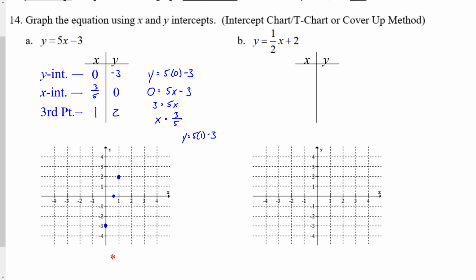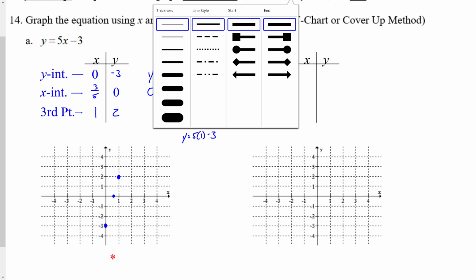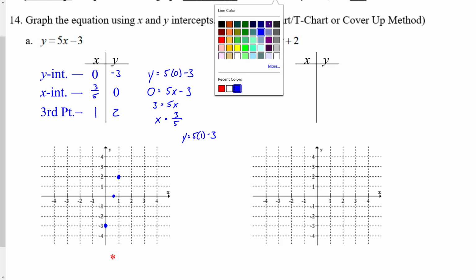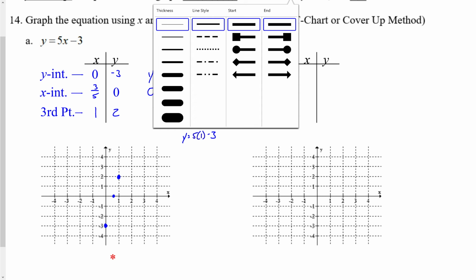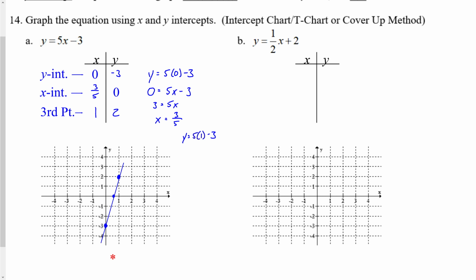But hopefully you recall that you really only need two points in order to graph a line. So we're going to graph the line here for the equation that we were given. And I would like you to be sure that you are using a straight edge to draw the line, because we do have to have accurate graphs.